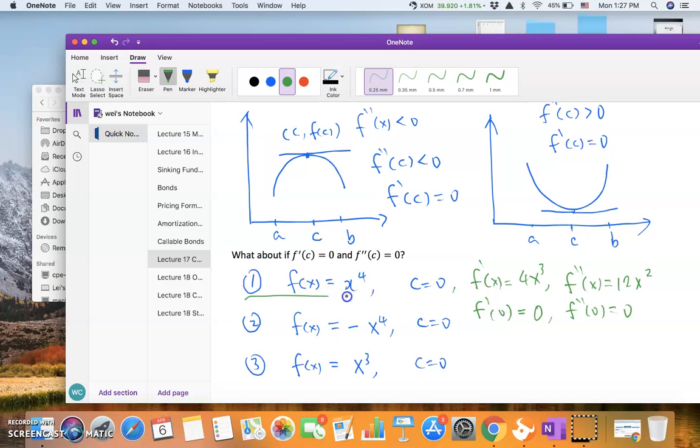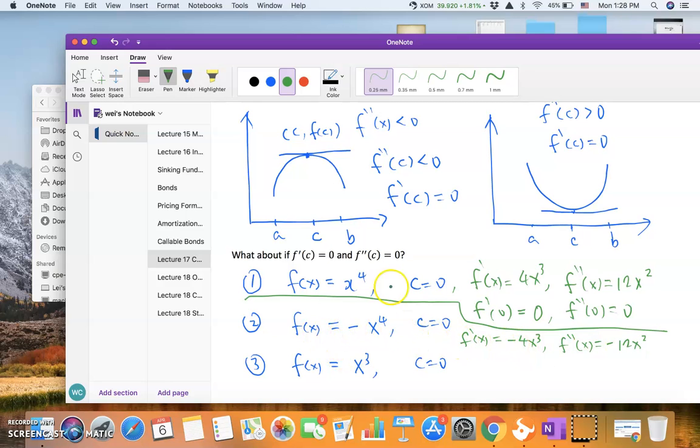Now let's take a look at the second function. For the second function, the first derivative is negative 4x to the third, and the second derivative is negative 12x squared.